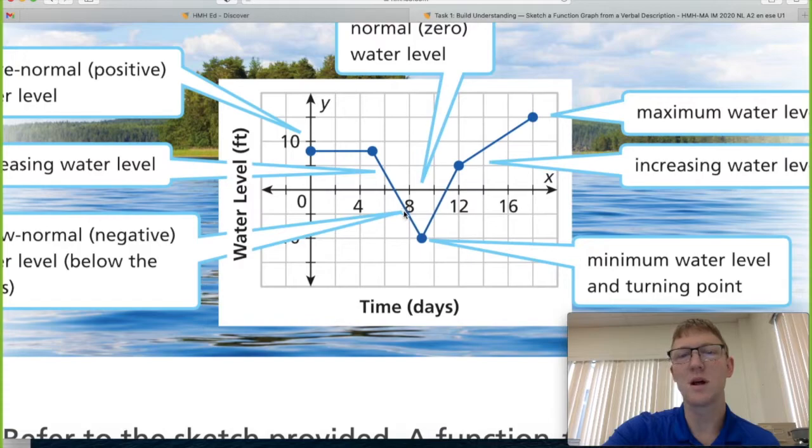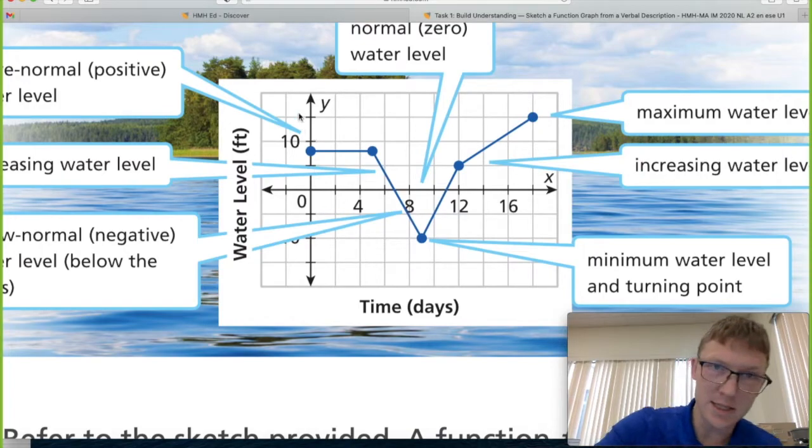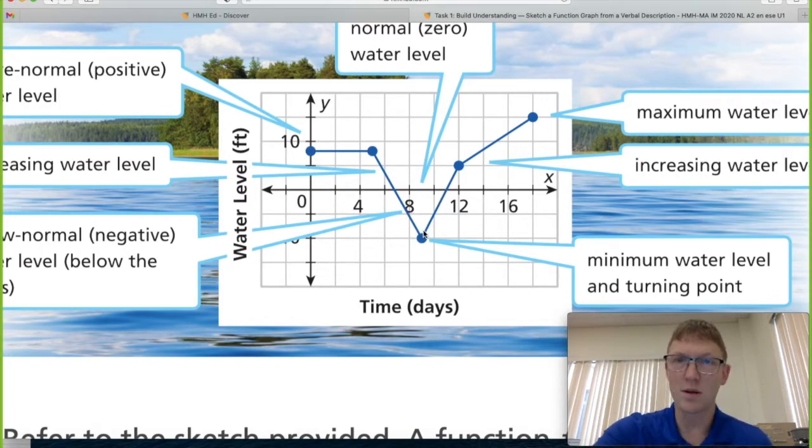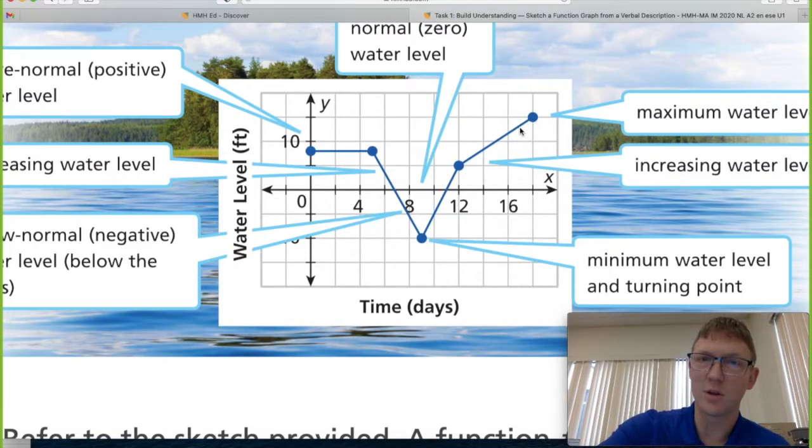So that's why there's a line. So this would be decreasing the water level until they got to a certain level, so I guess 10 feet below the normal water level. And then it rained and it rapidly increased. And then it looks like it continued to increase, but it leveled off a little bit. And it ended higher than where it started.